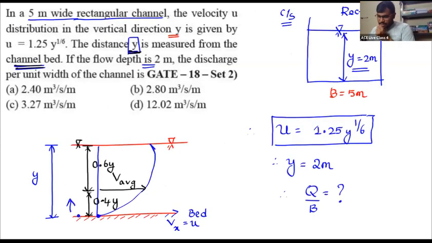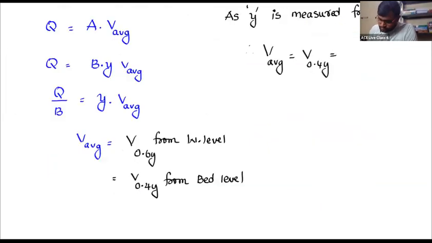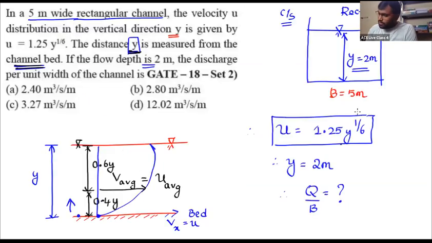Now, what is the velocity distribution? If I want to make sure this u is the average velocity, then I have to provide this y as how much? At what depth? 0.4 times of y. So u average is equal to 1.25 into, what is the y value I have to substitute? What is the total y? 2 meters, right?